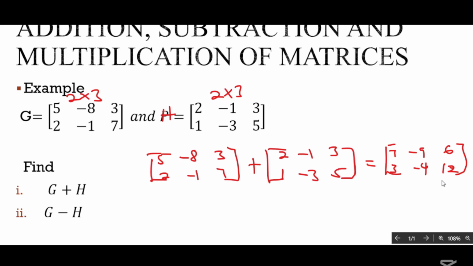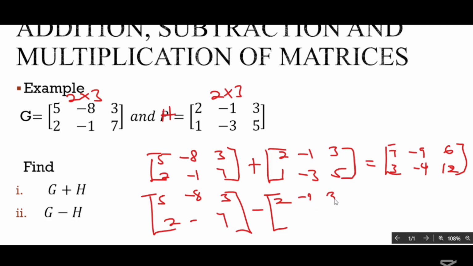Great. Now let's talk about the second aspect of the question, which is the subtraction. So we have the same matrix, 5, negative 8, 3, 2, negative 1, 7, minus 2, negative 1, 3, 1, negative 3, 5, and we have to subtract.